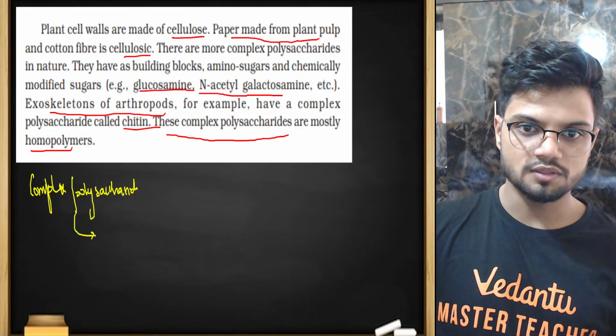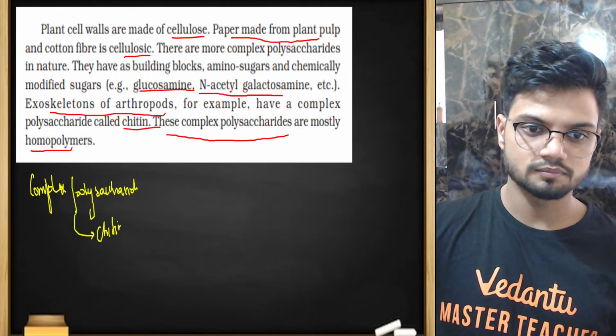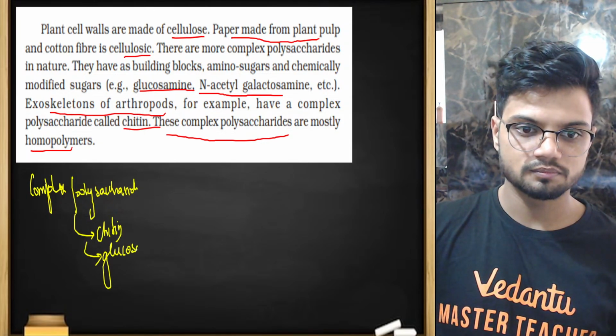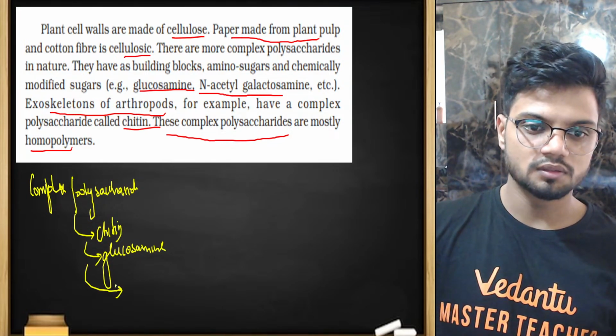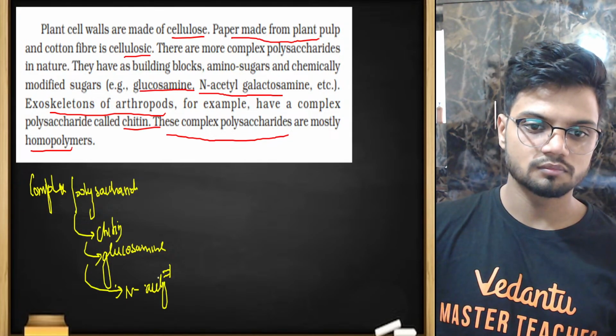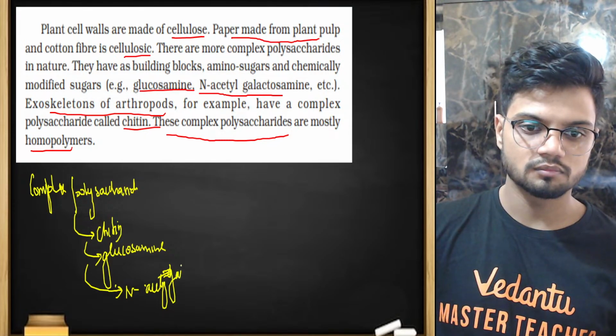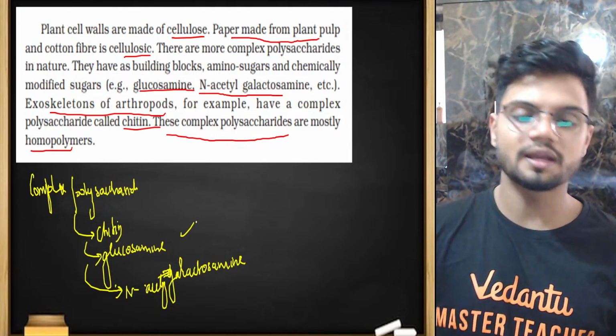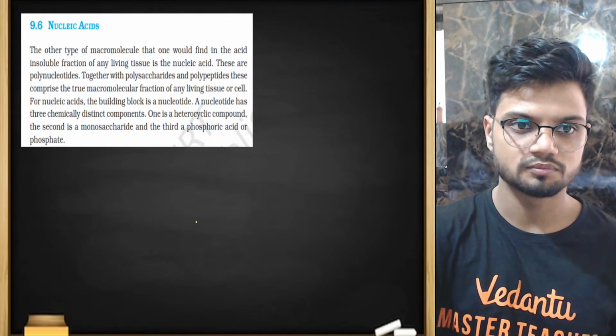The first one is chitin. Then we have glucosamine. Then we have N-acetyl galactosamine. These are examples of complex polysaccharides.